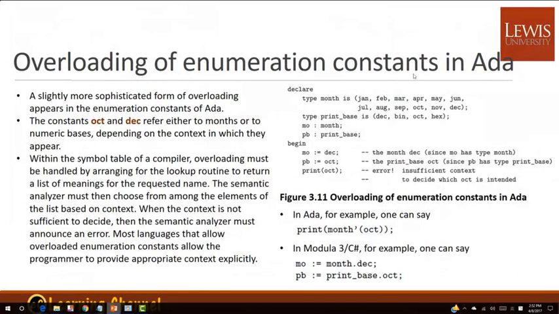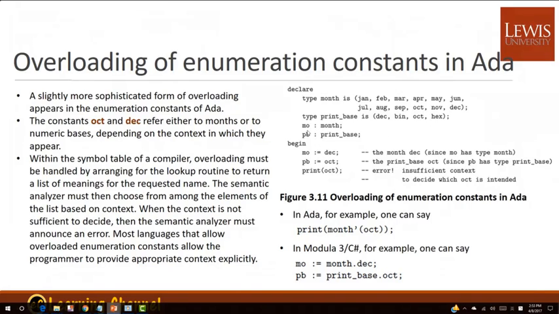Overloading of enumeration constants in Ada. Let's look at this example. We have a type months, from January to December, and we have the print base, for print statements, the radix base. The radix base can be decimal, binary, octal, and hexadecimal. But unfortunately, we share the two names, octal and decimal, with the months October and December.